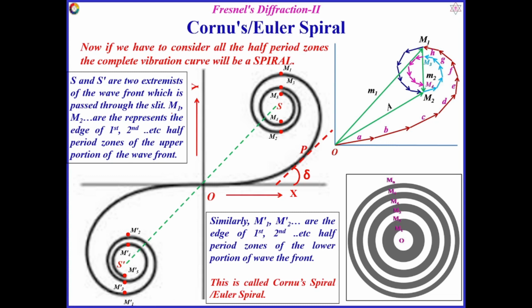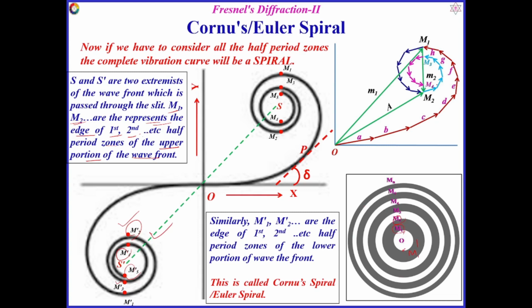Here M1, M2 represent the edges of the first, second, and so on half period zones of the upper portion of the wavefront. Likewise, M1 dash, M2 dash, M3 dash, M4 dash, M5 dash are the lower portion of the wavefront. If this is your M1, then this will be M1 dash.